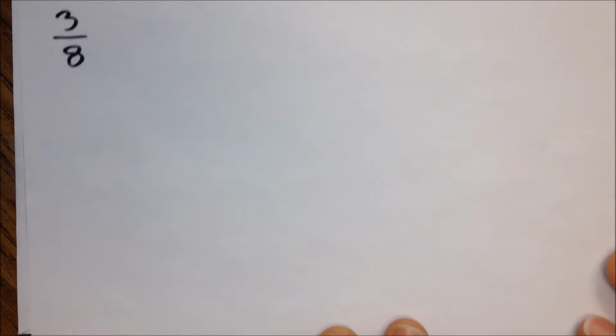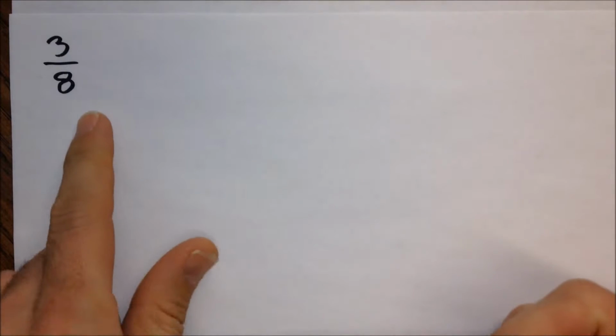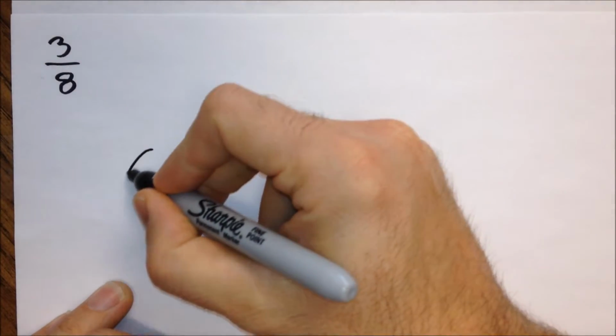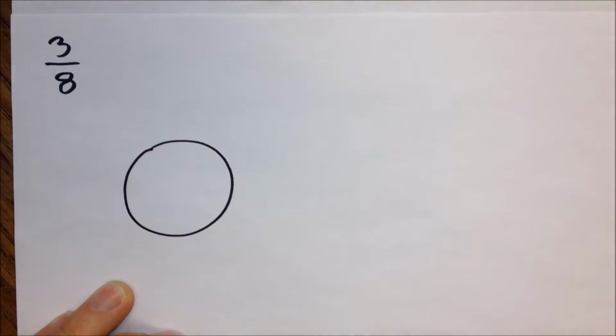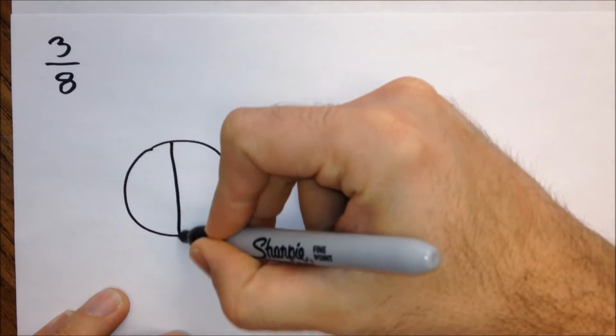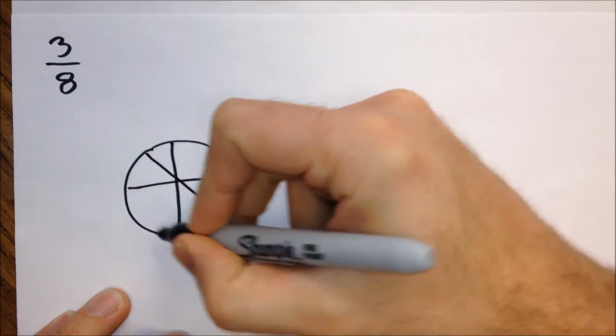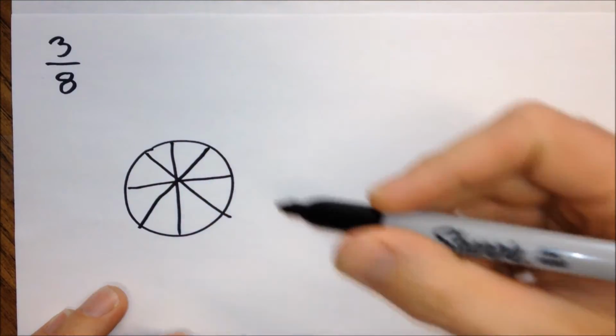Let's begin by just talking about what a fraction really is, and we're going to talk about the fraction 3/8 to begin. I think you probably already know what a fraction is, but the way we should think about a fraction is that we have some object, and the object could be a circle, and we've divided that circle into 8 pieces. 1, 2, and so if you look, I have 8 pieces of my circle.